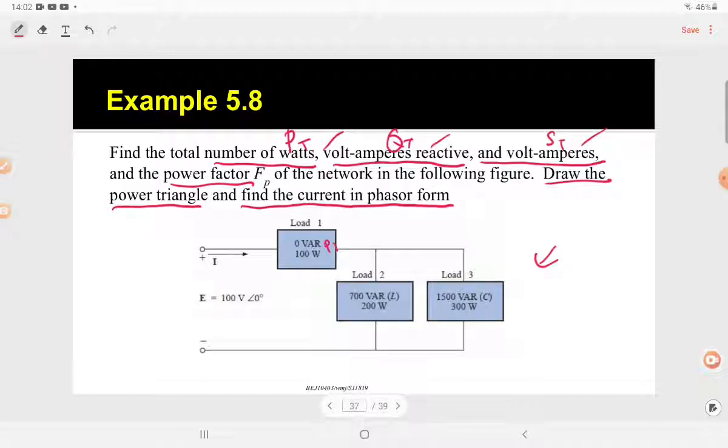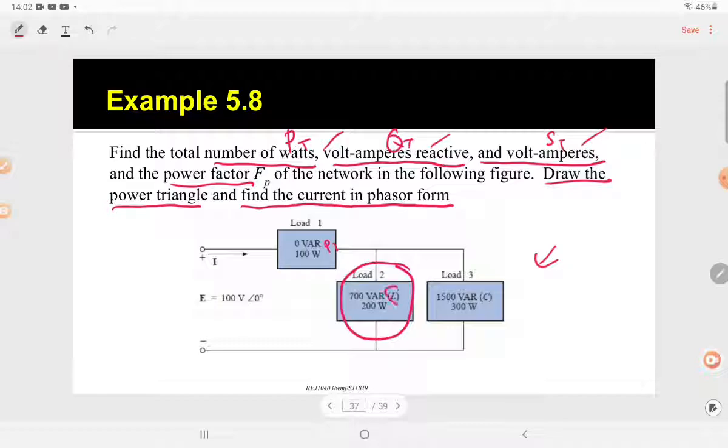That means it does not consist of an inductor or capacitor. It might be a total resistive load. And then you see load 2, you have 700 VAR and then 200 watt. From here we know that this load consists of resistor and also inductor.